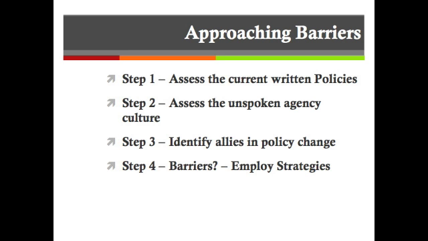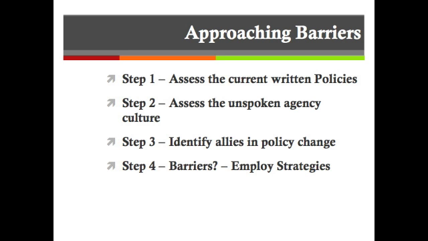So once you've begun to look at your policies, one thing you might come across is the many barriers that might be in place. It may take research to understand your policies, but assessing your policies is the first part. So step 1 and step 2 are assessing the written policies and the unspoken agency culture, and just being able to be critical of it and understand where it's coming from and see where you have to go.